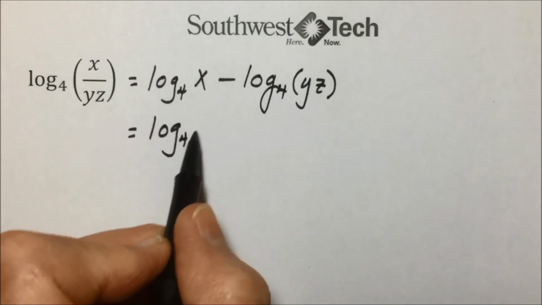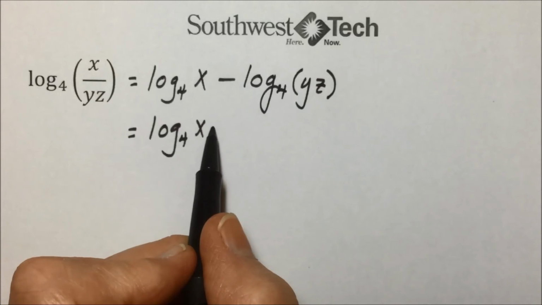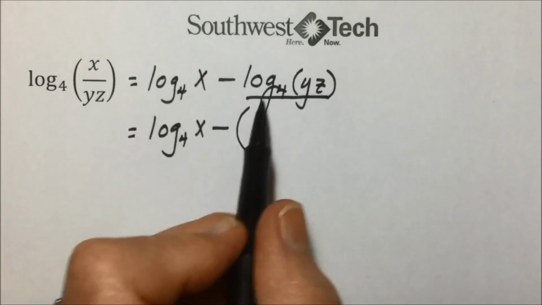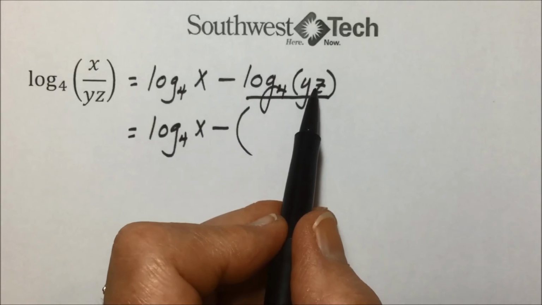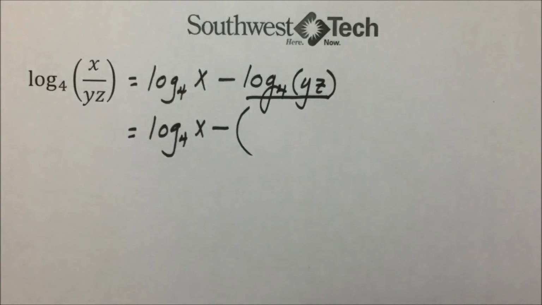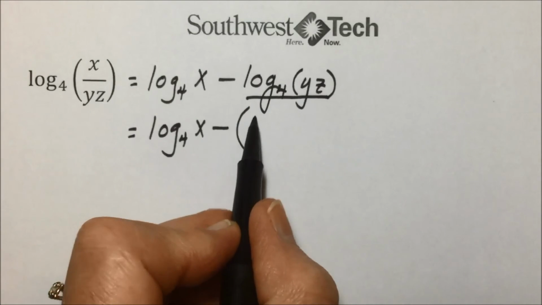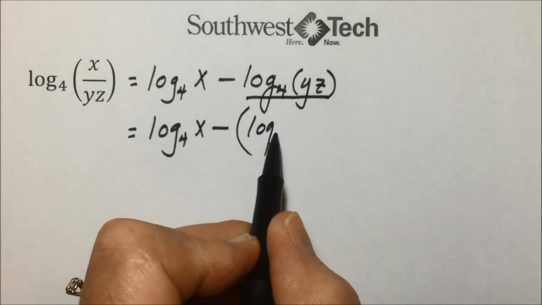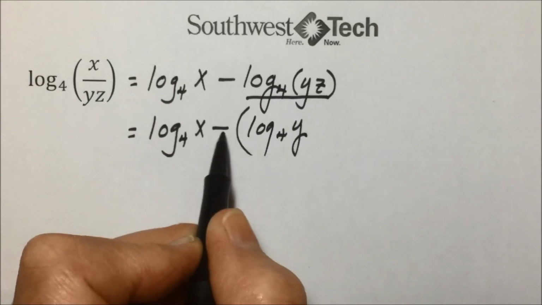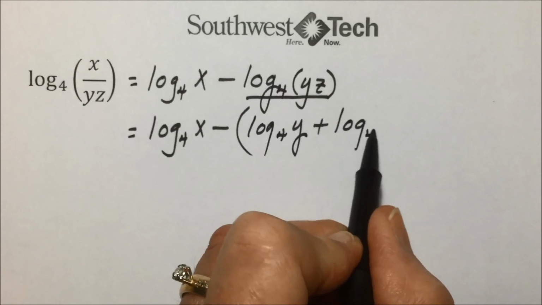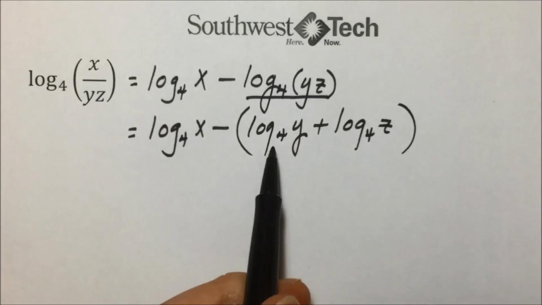And we do have to be careful. This is a subtraction of this whole log. So when we replace the log of a product with the sum of the logs of each one of those factors, it's subtraction of that whole expression. So it's not only log base 4 of y that's being subtracted, but also log base 4 of the second factor.